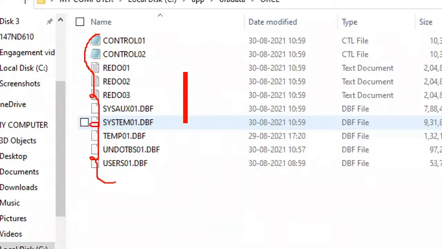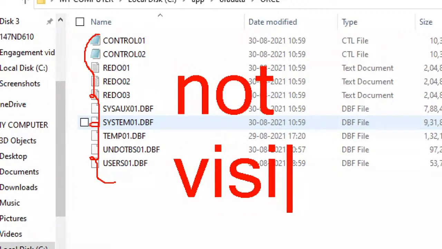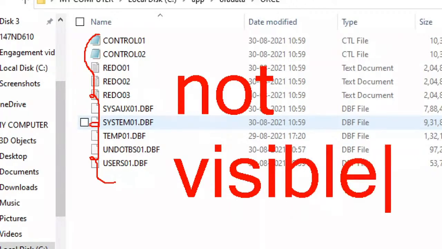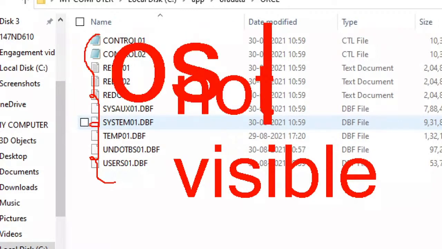But unfortunately, here, Z is a table I'm giving only. Is that table visible in the operating system or not visible? Very good. Not visible. You are observing or not? This is not visible. That's why a structure which is not visible in the operating system, OS, is called a logical structure.